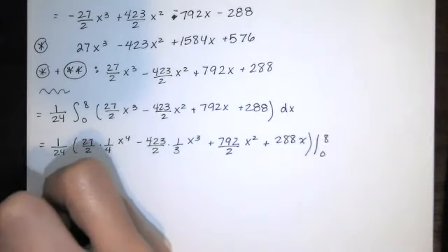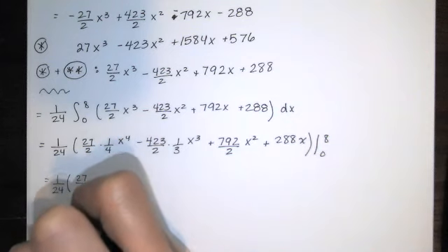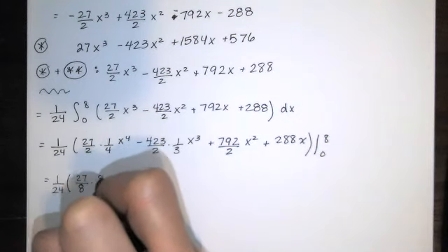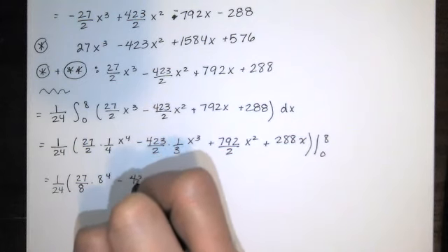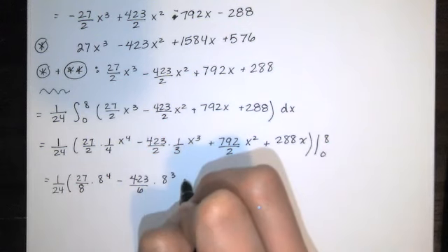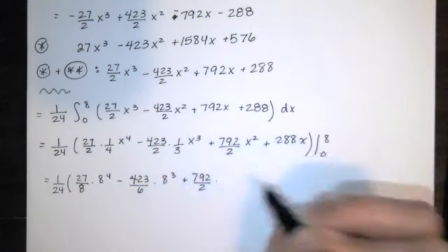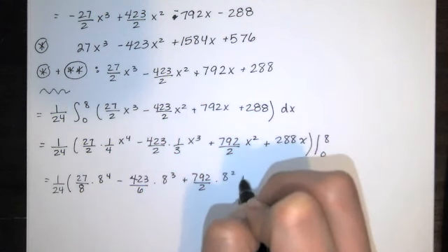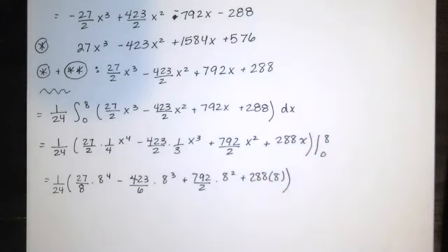So we will have 1 over 24 times 27 over 8 times 8 to the 4th minus 423 over 6 times 8 cubed plus 792 over 2, which we could simplify, times 8 squared plus 288 times 8. And then we evaluate all of this at x equals 0.